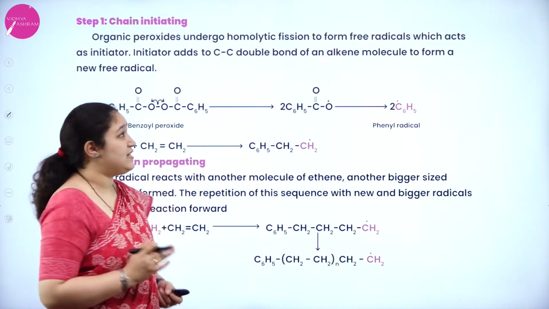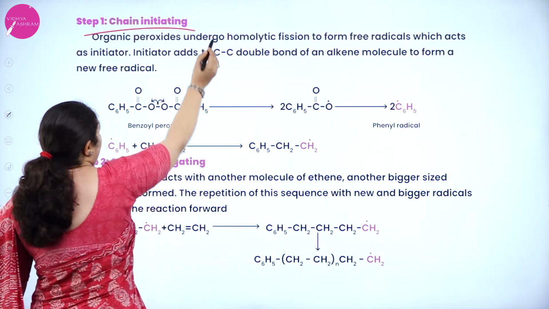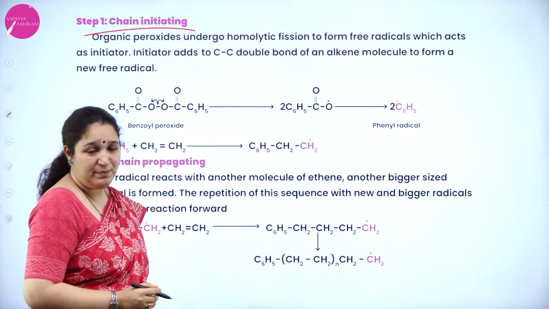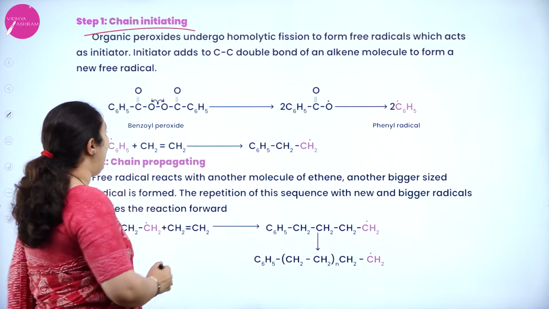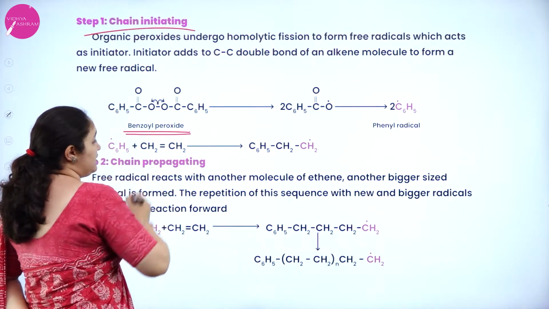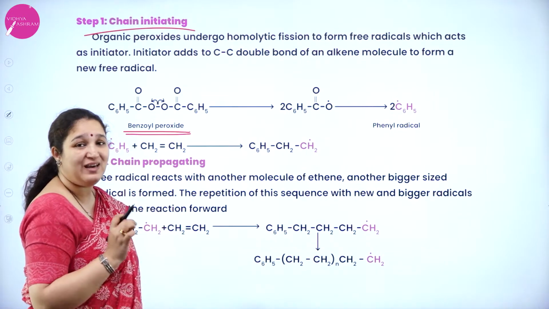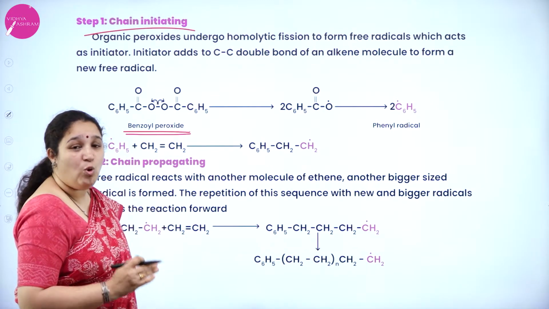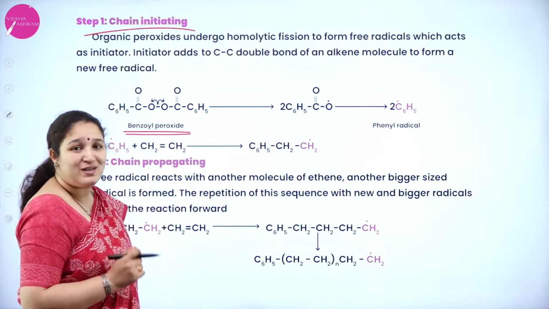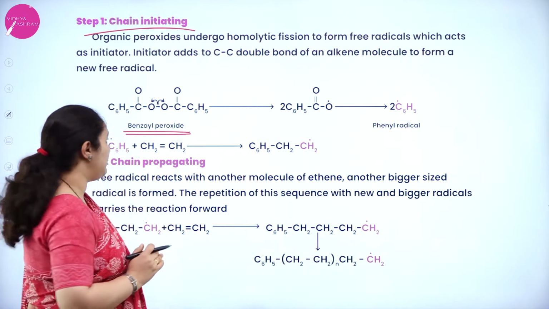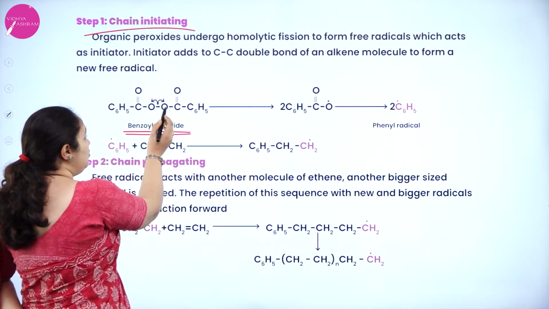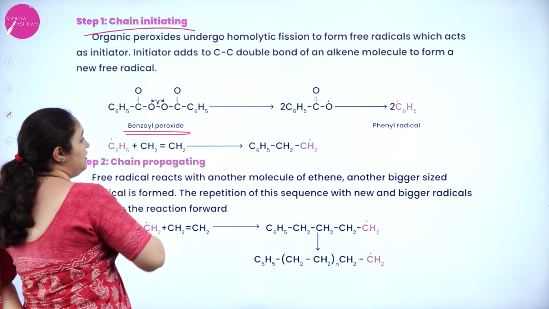The first step is the chain initiation step. In this step, we have benzoyl peroxide, which is added as an initiator, and it will form phenyl radical by homolytic fission. Now, what is the meaning of homolytic fission? You can see between the two oxygen atoms there is one single bond.